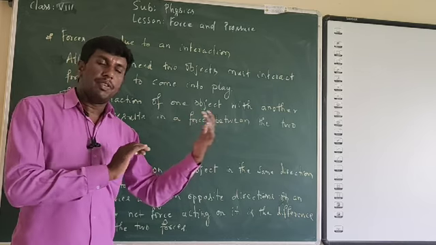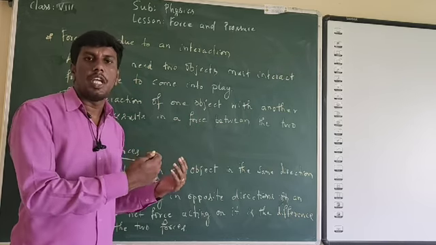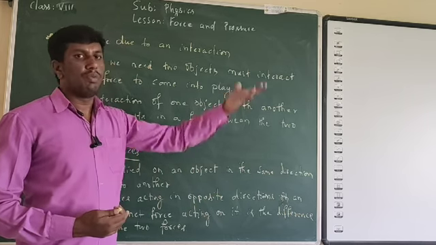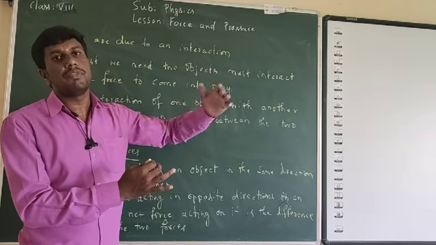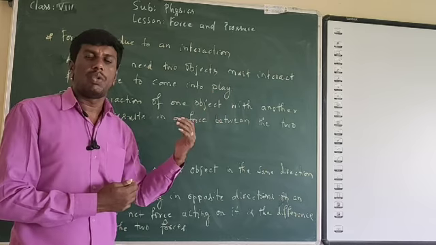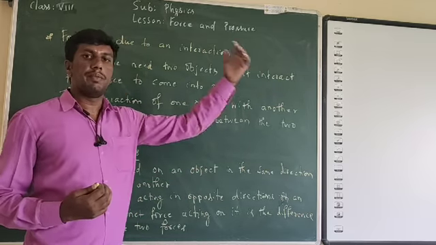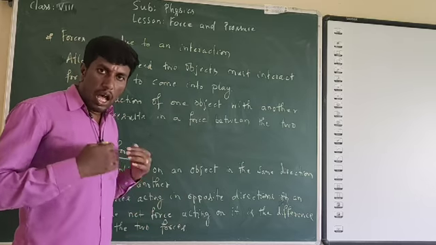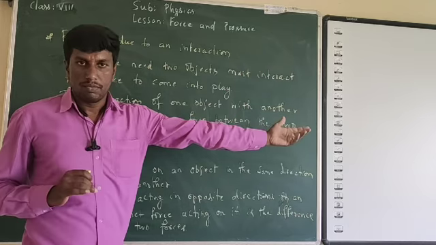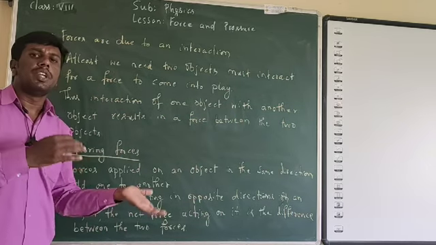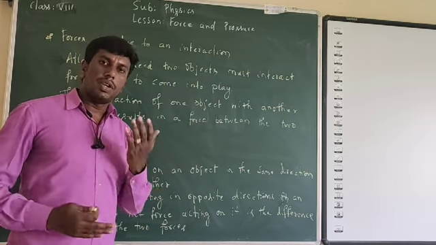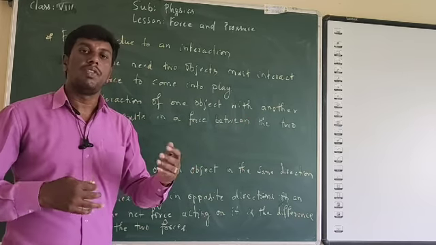If we are both applying the same force, the table will not move, right? If I am applying less force and he is applying more force, so what will happen? There will be a difference, right? You can find the difference between these two forces. So therefore, the table will be moving towards me because he is applying more force and I am applying less force. If I am applying more force and he is applying less force, then the table will be moving towards him, right? So the net force will be the difference of my force and my friend's force.